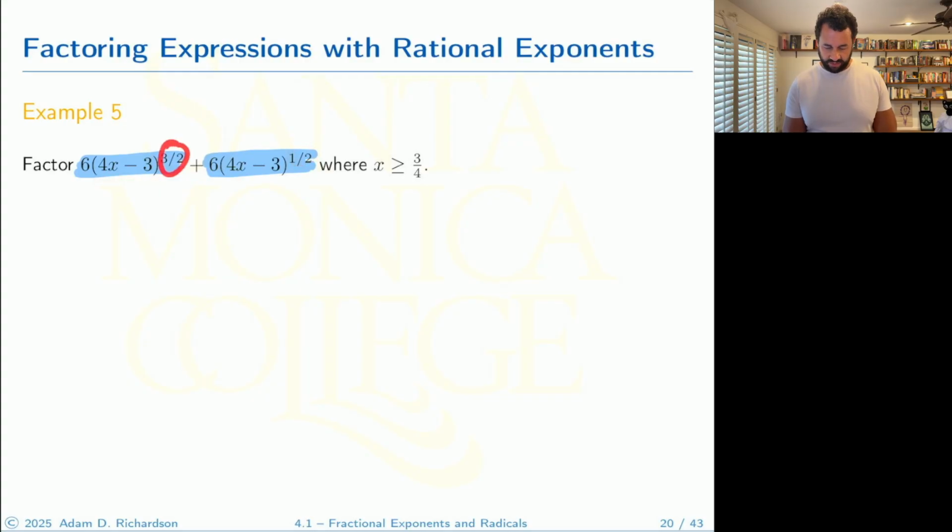Look, this one's got 3/2 factors. This one's got half of a factor. So they each have a half of a factor in common. You could even think of 3/2 as 1.5. If I've got 1.5 and I've got half, the common amount is a half, right? So we can pull out half of a factor of 4x minus 3 from each of these terms.